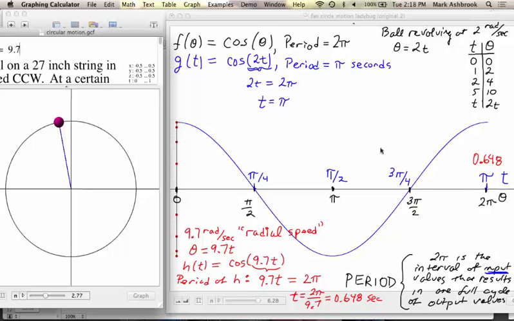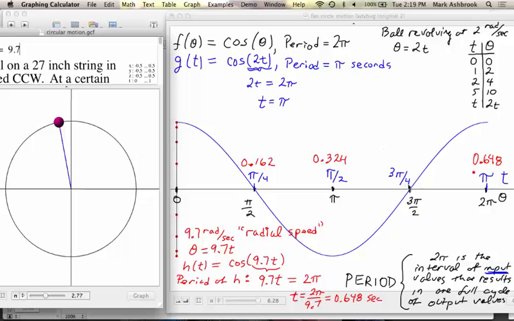Here's one way. You start with 0.648, divide by 2, and that will give you the half period. I think that is 0.324. Is that right? Then take that number to get a quarter period, divide by 2 again. This is 0.162. And then there's more than one way to find the 3/4 period.